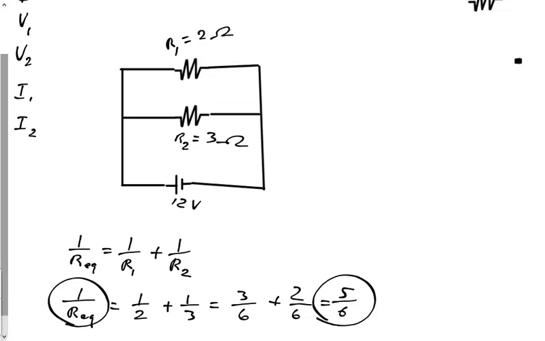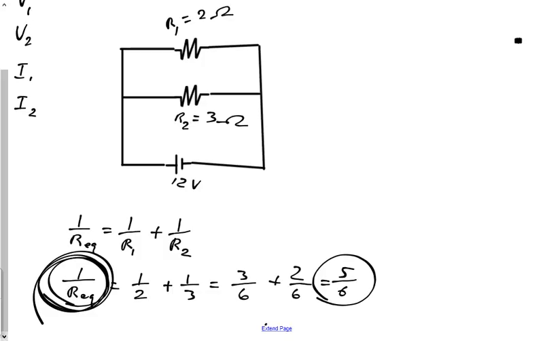Notice that I'm making a big deal of the fact that it's 1 over the equivalent resistance, because the most common mistake by far and away is to say that the equivalent resistance is equal to 5/6. It is not. 5/6 is equal to 1 over the equivalent resistance.